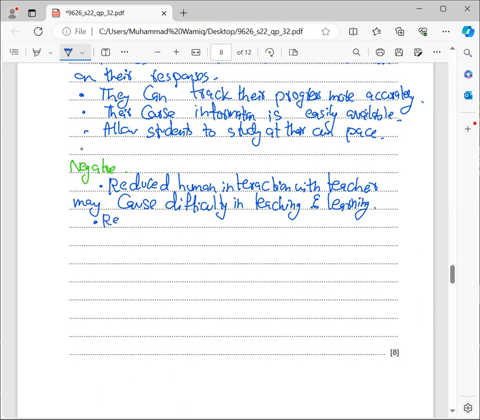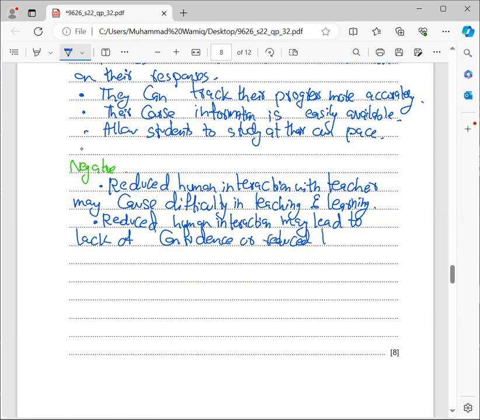Another point can be reduced human interaction may lead to lack of confidence or reduced teamwork or the student's ability to study.